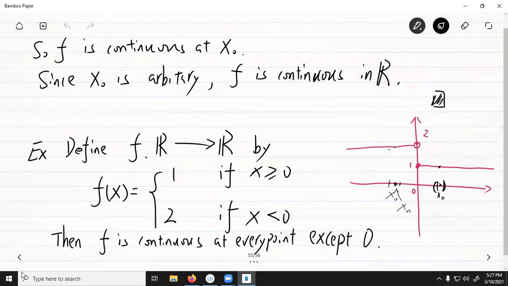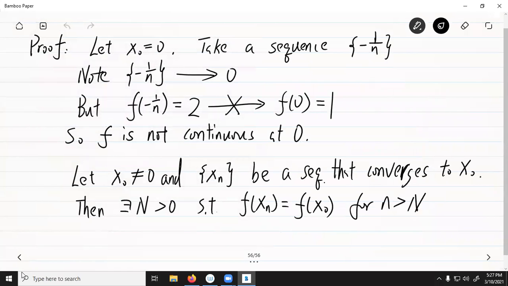They share the same values because this depends on how we define this function, right? So when n is large enough, there is a capital N. When n is greater than that capital N, all the function values have the same value as f of x naught. So the limit as n approaches infinity of f of x_n is equal to f of x naught, because everyone is the same value.